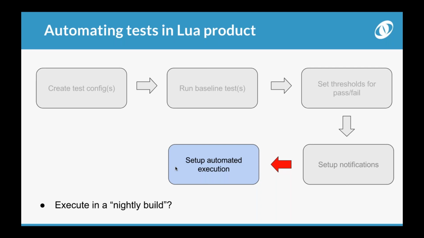So those types of tests are not really suitable for running on every commit unless you are a little bit sadistic and like having your CI builds take a long time to run, but usually that's not the case. So it's more appropriate to set up some kind of scheduling. So maybe running it once a day during the night or something, or once a week, whatever suits your release cycles for those types of tests. But let's head over to Jenkins now, so we can demo how to integrate this Lua-based load test into an automation pipeline.